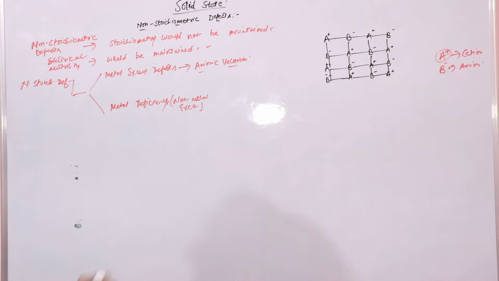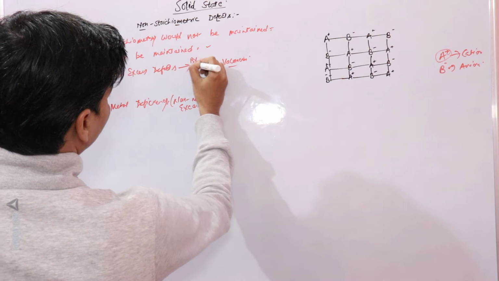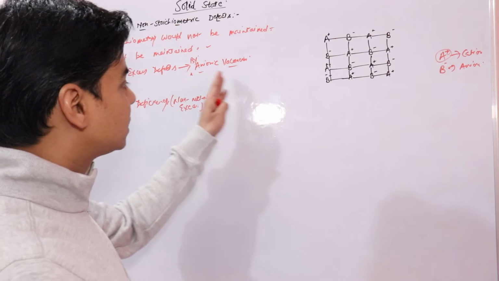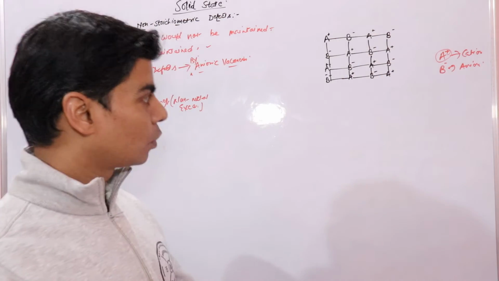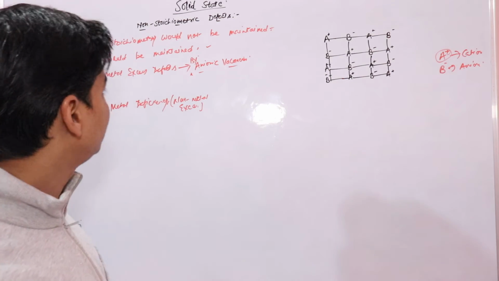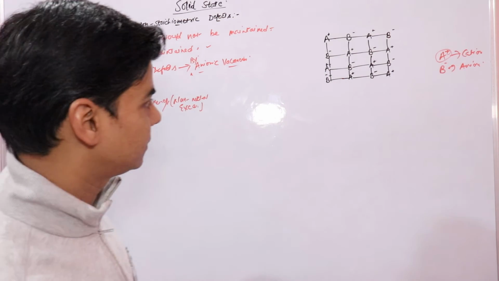How does this occur? This occurs first by anionic vacancies. So the sites that are occupied by anions in this lattice would be unoccupied, and that will give rise to this metal excess defect.